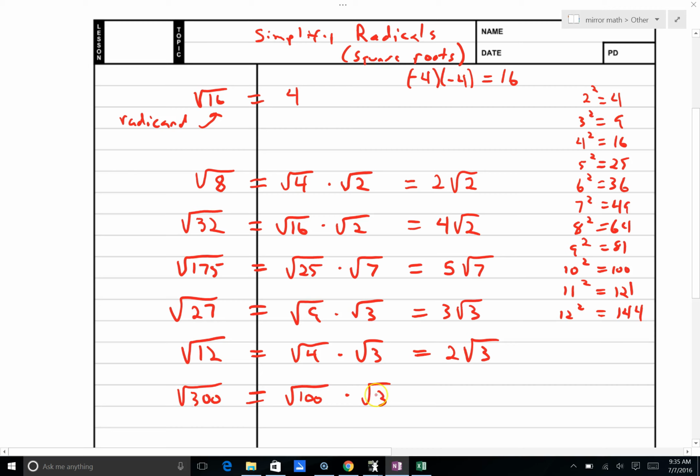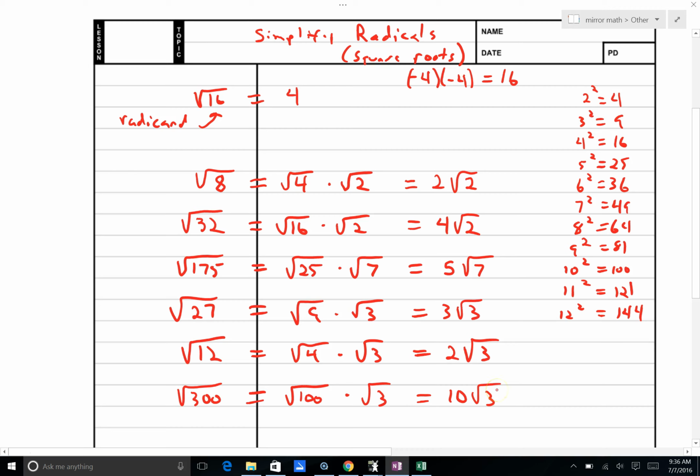We simply multiply the underneath part, called the radicand. 3 times 100, 300. We preserve the square root symbol. Well, the square root of 100 is 10. We leave this square root of 3 as it is. These square roots, 2, 7, 3, we can't do anything with those. Those numbers are called irrational. The square root of these numbers are non-repeating, non-terminating decimals.